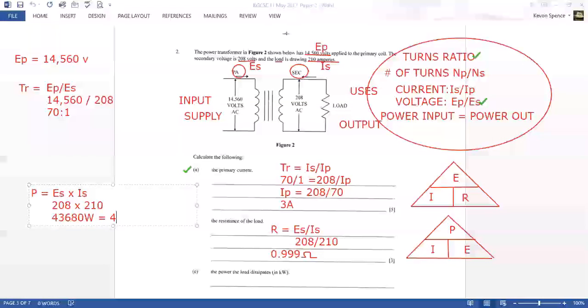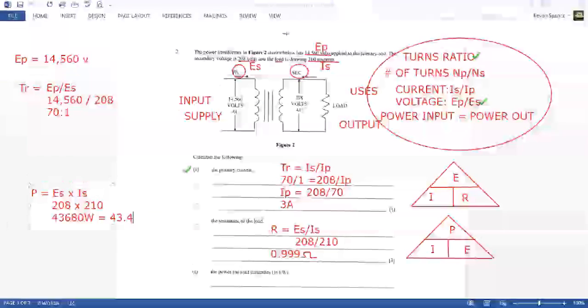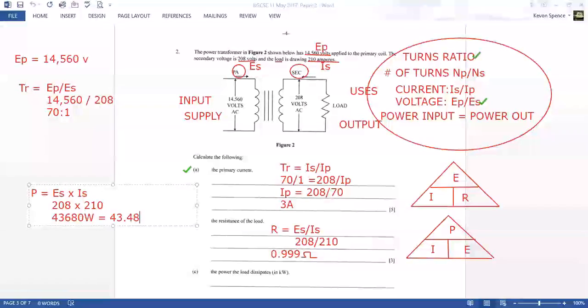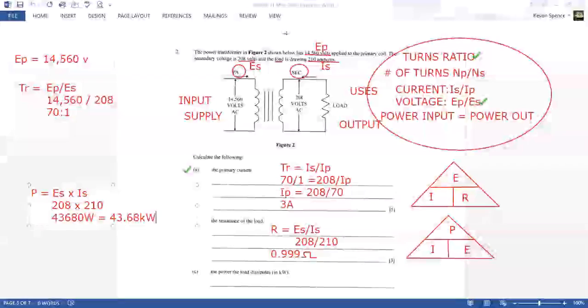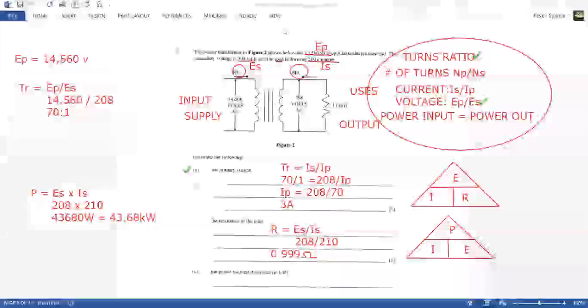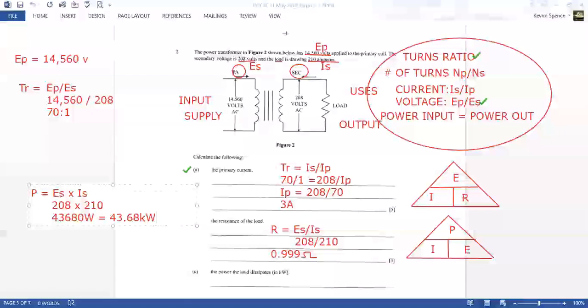That'll be 43.68. Watt is the base unit. Kilowatt is larger, but the value is going to be smaller.